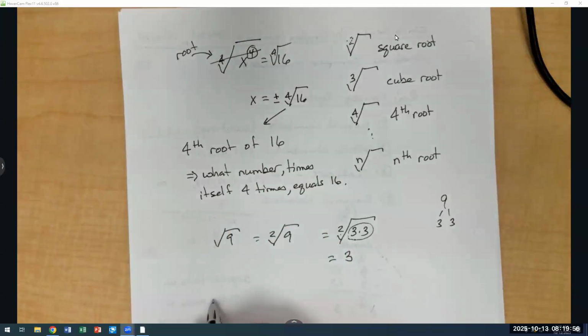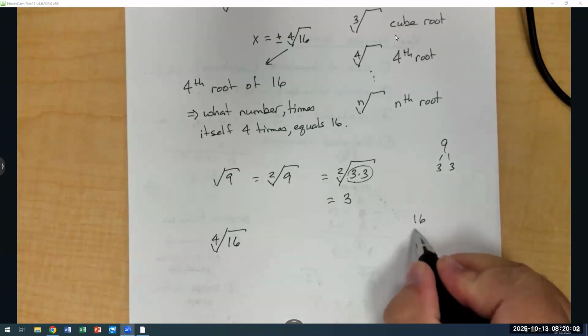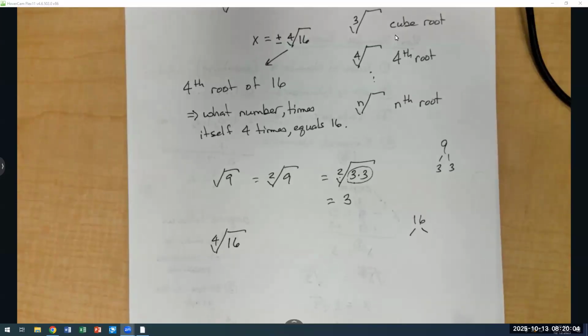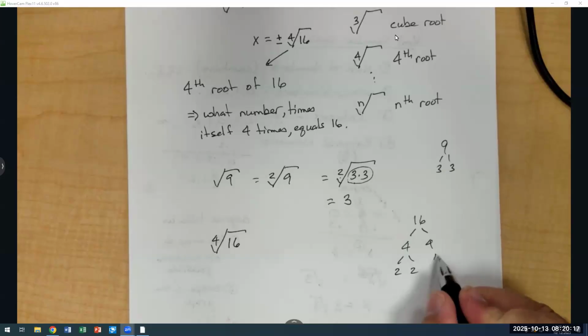So in this example, if I had the 4th root of 16, what I would do, I'd come over here first. What is 16 made up of? 4. You can go 4 by 4, or you can go 8 times 2. Does anything that multiplies together equals 16? Keep on going. What's 4 made up of? 2. What's 4 made up of?